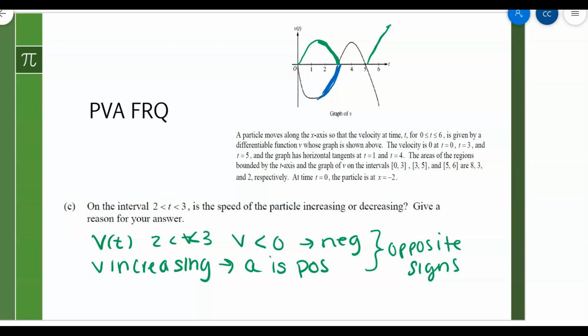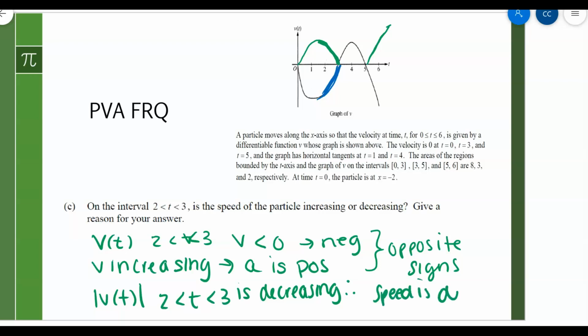Or again, looking at the graph of the absolute value of velocity, from 2 to 3 it is decreasing. Therefore, speed is decreasing. So there are 2 ways to ultimately get to that same answer.